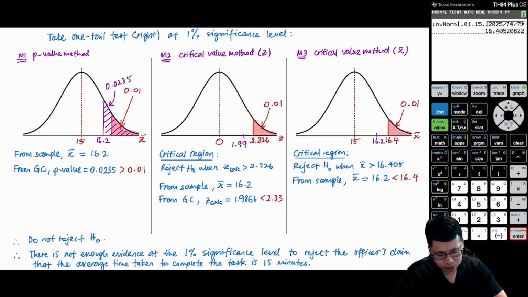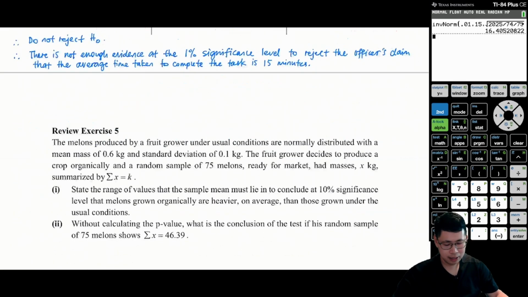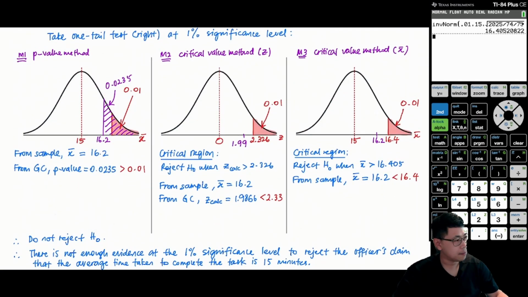So it means there will be a 2.35% chance of the time taken to be above 16.2 seconds. We just phrase it in terms of the probability, since the p-value refers to the probability. So we are going to write it like that.